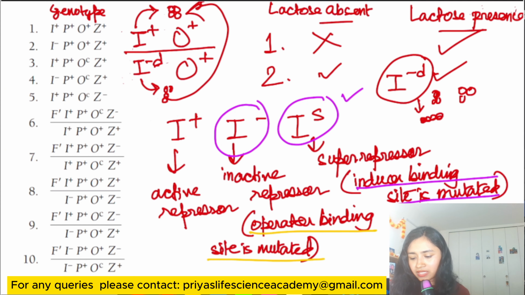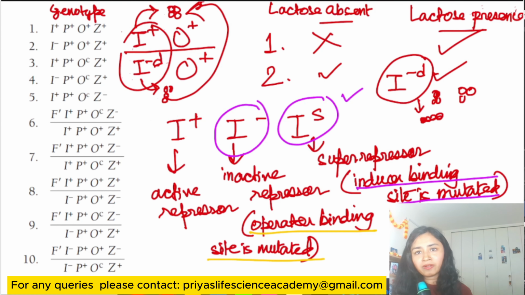So whenever there is I plus and I minus D in a partial diploid, the operon will be constitutively expressed. There will be constitutive expression of the Lac Operon, because I minus D produces very many inactive repressors, and they can also block the functionality of the active repressors produced by I plus.